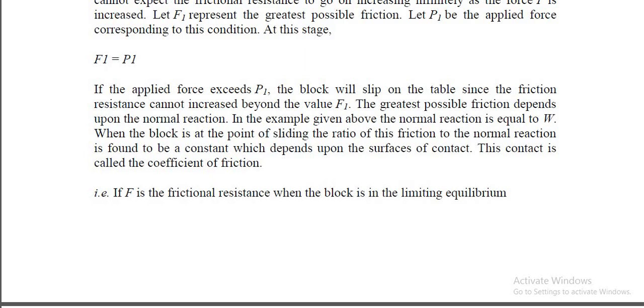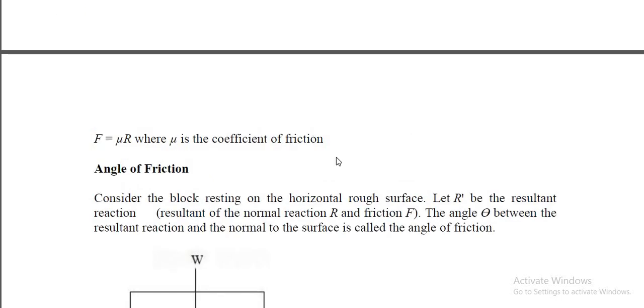That means when the body is in limiting equilibrium, we can assume that F equals the coefficient of friction multiplied by R, the normal reaction. That's why it is said that friction force depends upon the normal reaction.